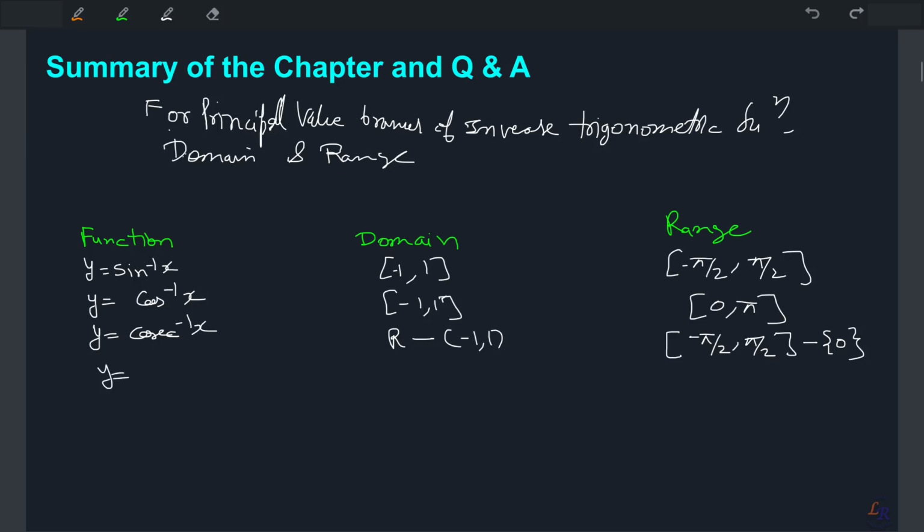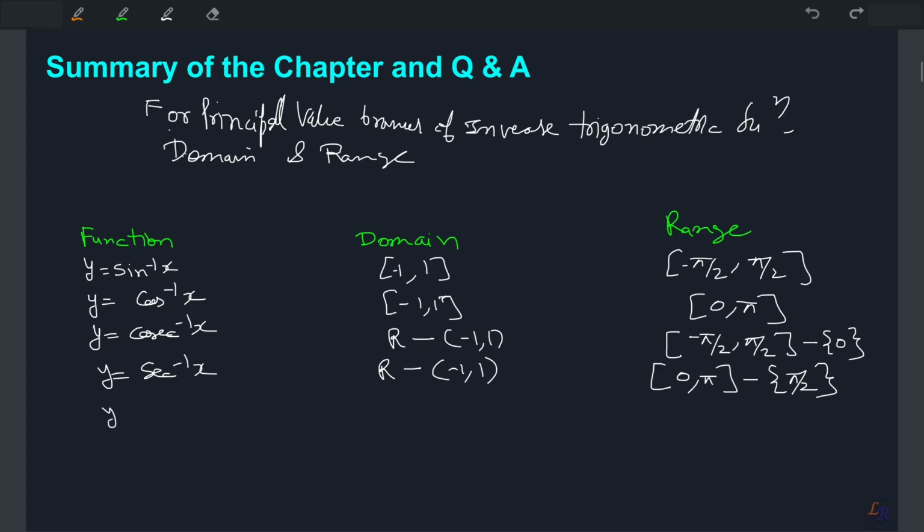Similarly, if you take y is equal to sec inverse x, then it can have a domain of all real numbers except numbers between -1 and 1, and the range can be 0 to pi except pi by 2, because at pi by 2, of course, 1 upon cos pi by 2 is not defined, because 1 by 0 is not defined.